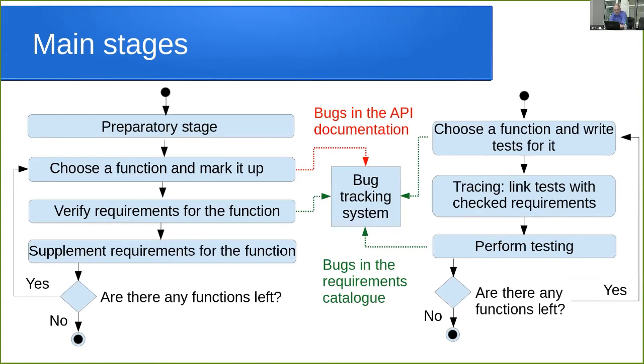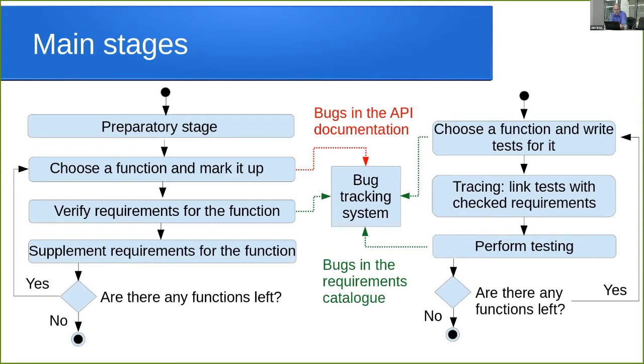At the second phase, the main actor is the requirements analyst. He marks up the documentation and builds a requirements catalog. During this phase, he also reveals some bugs in the API documentation and reports them into the bug tracking system. And when he reports these bugs, he assigns priorities to these bugs according to the functions in which these bugs appear.